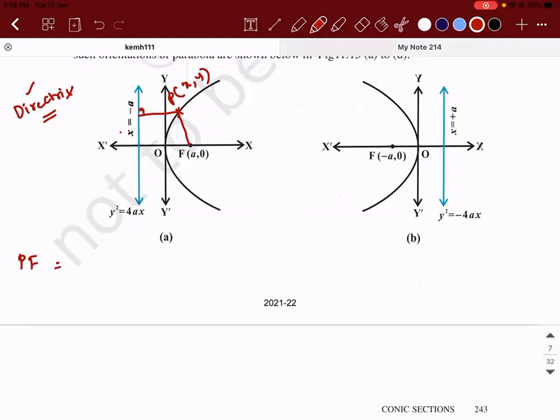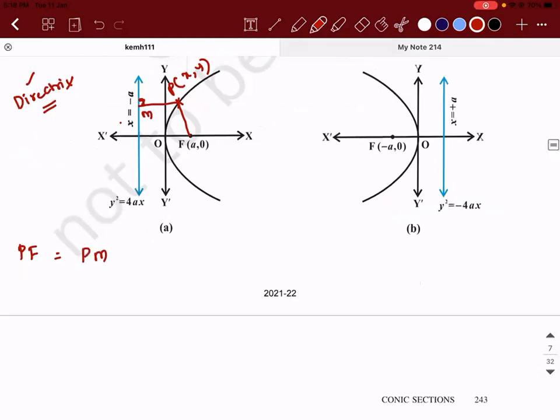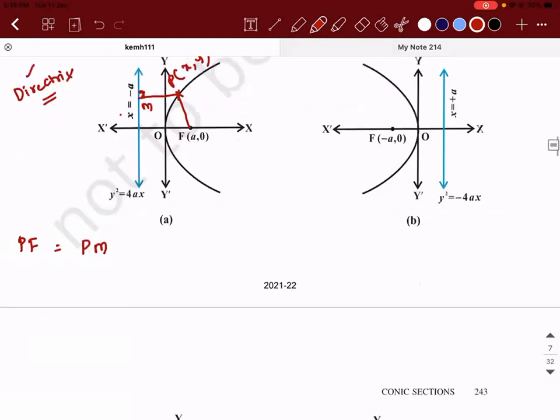If I take the foot of the perpendicular to be M, PF should be equal to PM. The distance between two points is the root of (x2 minus x1) the whole square plus (y2 minus y1) the whole square. So the root of (x minus a) the whole square plus y square is equal to PM.